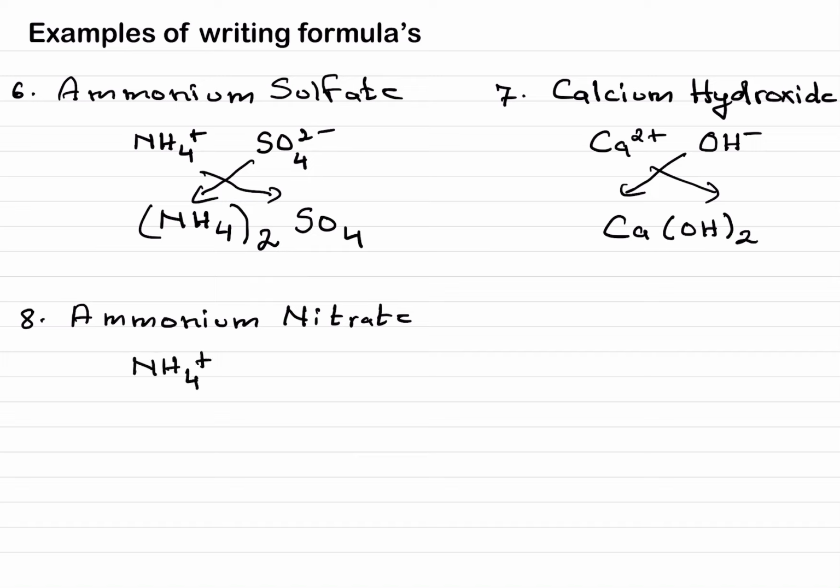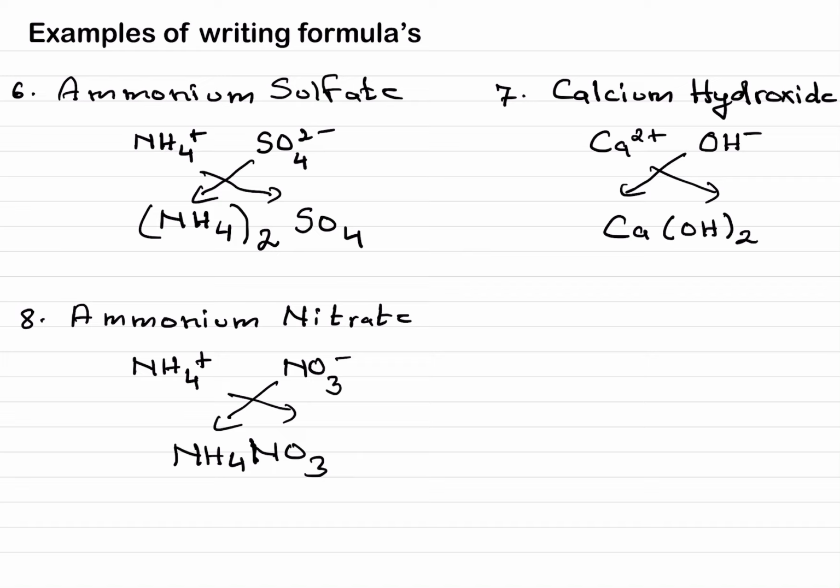Ammonium is NH4 plus, and nitrate will be NO3 minus. They exchange the charges, and this will become NH4. So the minus, we don't have to put anything, and plus also we don't have to. So NH4NO3. So that's how we write it down, NH4NO3.